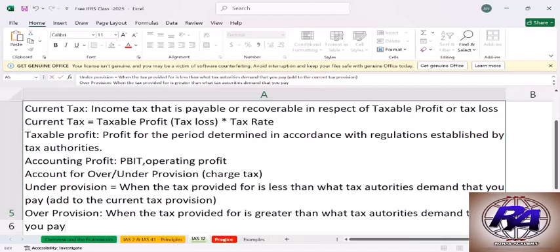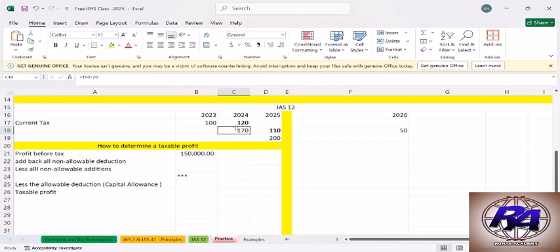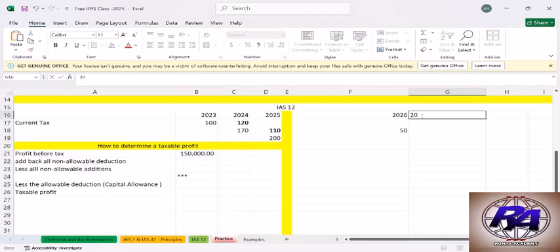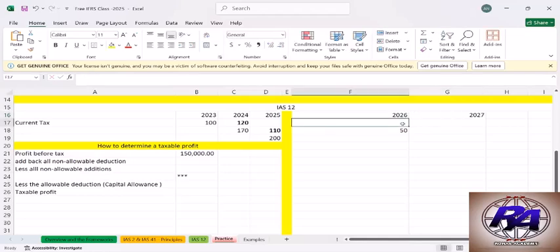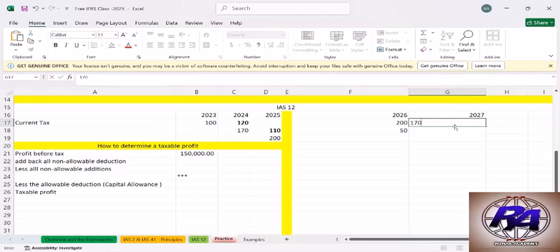So let's come to the practice side. Let me use different dates over here, 2026 and 2027. Let's say we've made a provision for 200, and then the tax authorities are demanding that we pay 170 dollars. We provided for 200, but we are supposed to pay 170.